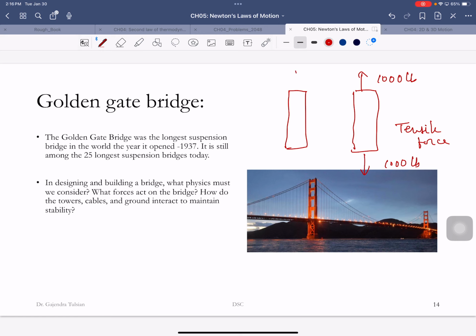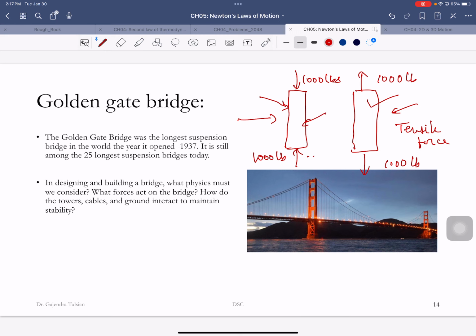A 1,000-pound force here. This is a compressive force. Will this break first or this break first? Compressive will break first. Okay, it turns out this will break first. Most objects are much more strong under compressive forces.